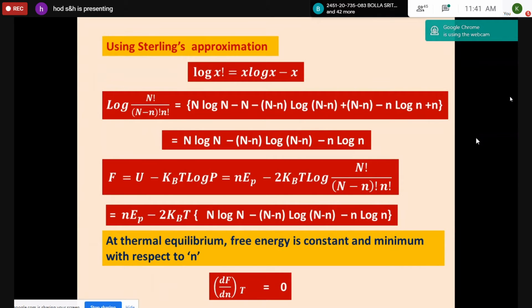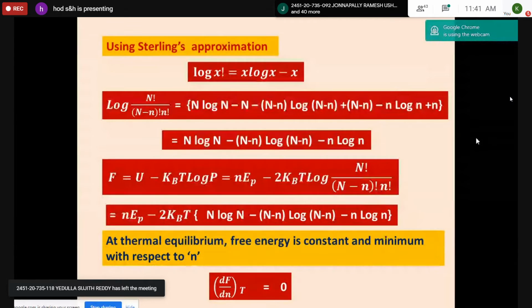Please note this one. Again, when thermal equilibrium is achieved, that means at constant temperature, the free energy is also constant and minimum with respect to small n.